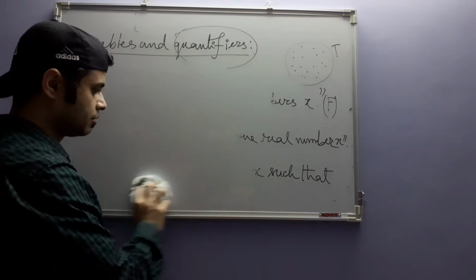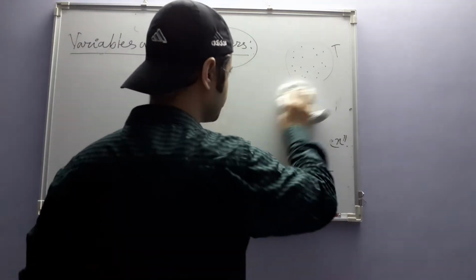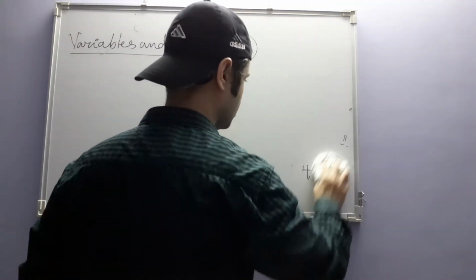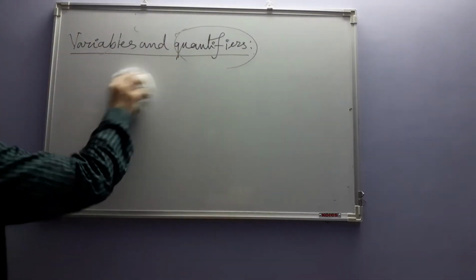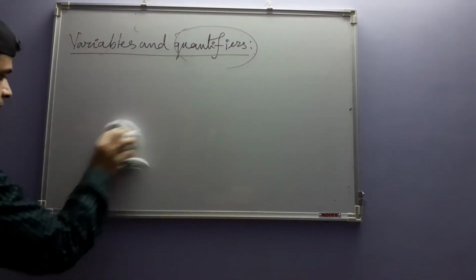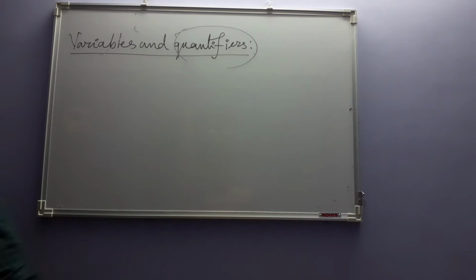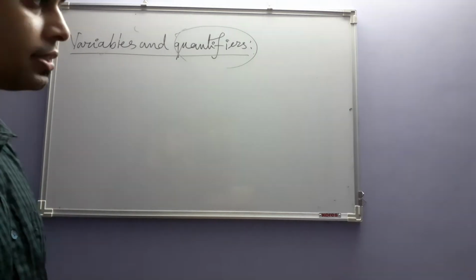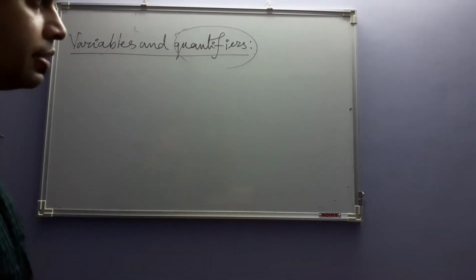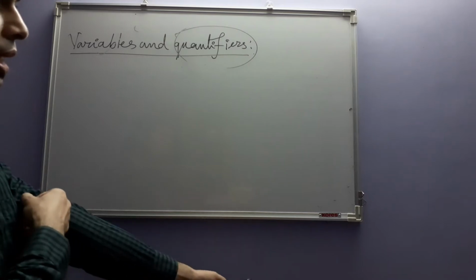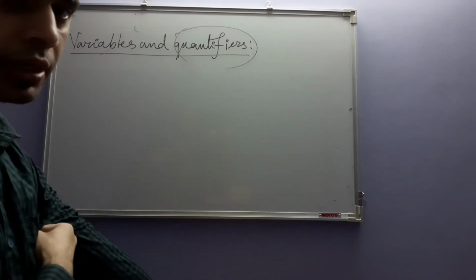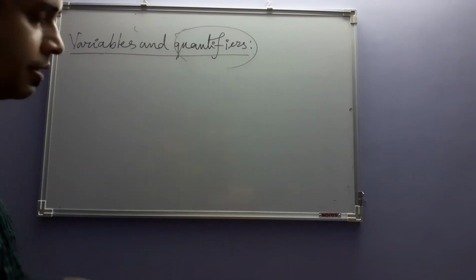Okay. Now, when we have things like this, there can be confusion. What type of confusion? A statement which involves a variable and the universal quantifier is called a universal statement, and one which has the existential quantifier is called an existential statement.